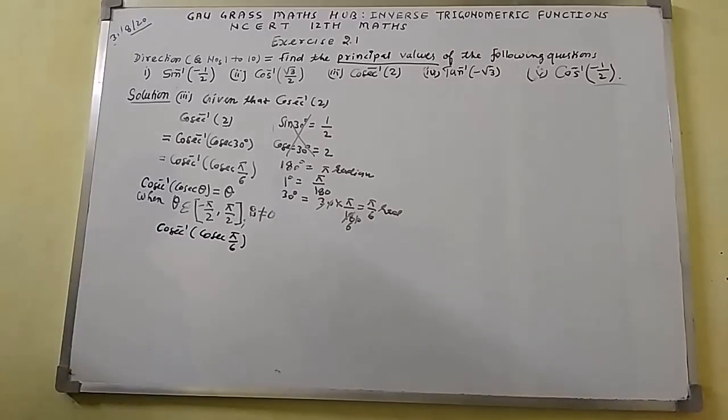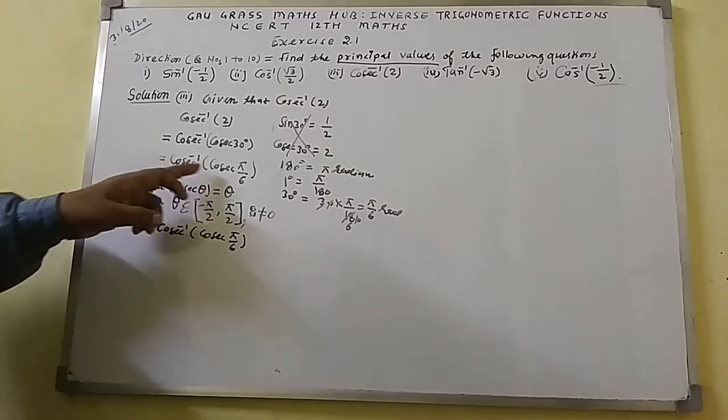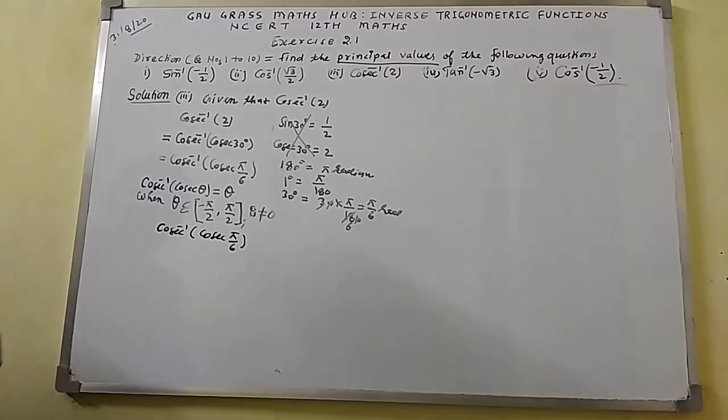This is the case. Now here you can see cosec inverse cosec pi by 6 I have written.